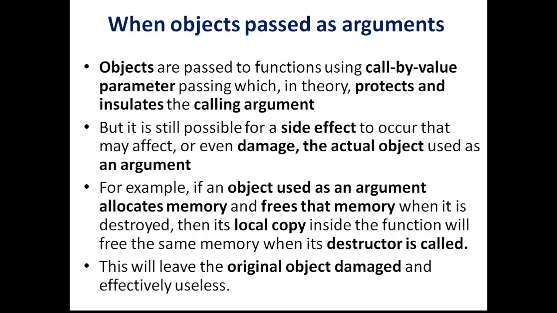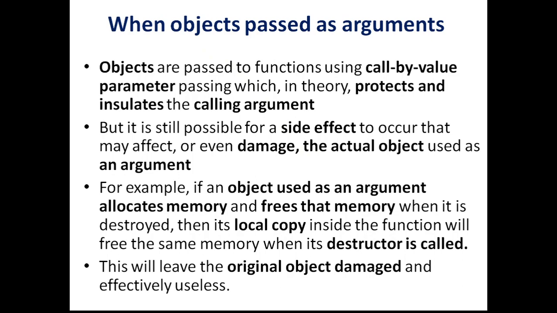Whenever you pass a variable or an object or a structure variable, it just invokes call by value, which means a copy of the original argument is made and passed into the called function, and as a result any change made in the called function will have no impact on the original object or original variable.